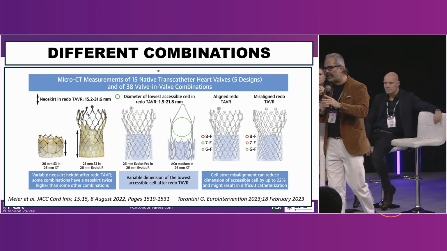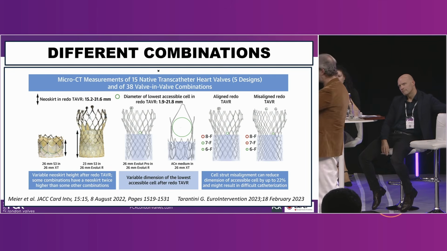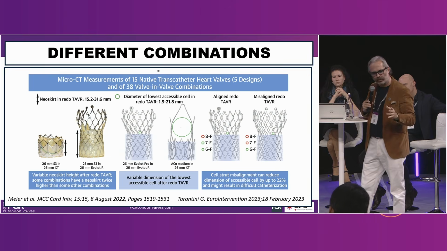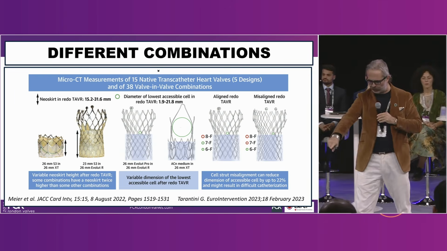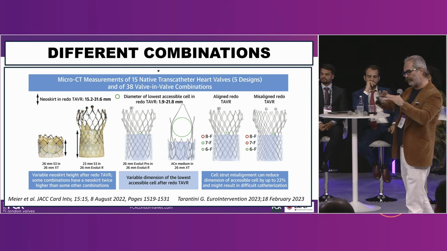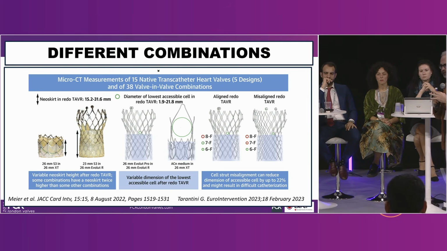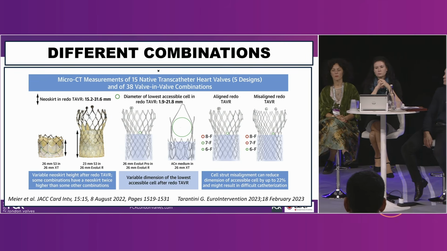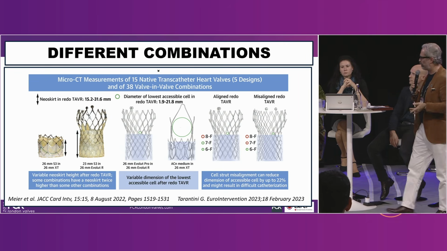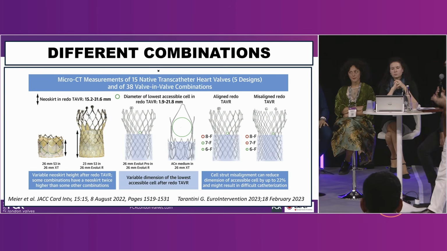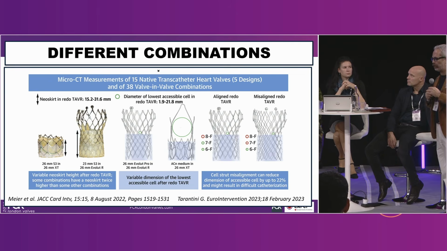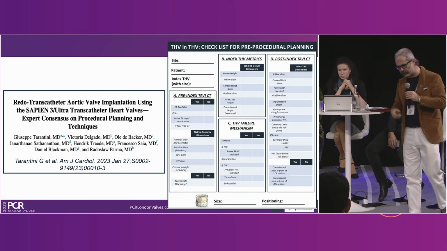And actually, even though you get rid of asymmetric skirts and the leaflets, in the picture on the right-hand side of the screen, you can see that if you have a malapposition of the struts, it's very difficult even to get through with a 6 French catheter, just because you have a misalignment of the cells, without considering leaflets and the skirt and so forth.